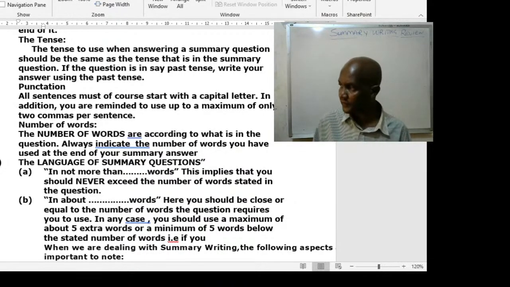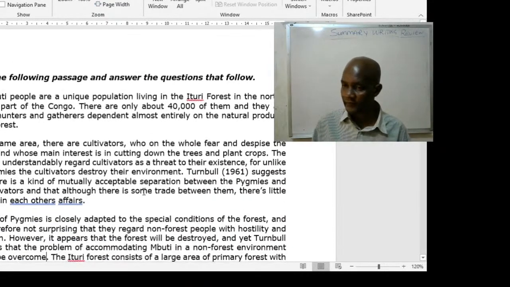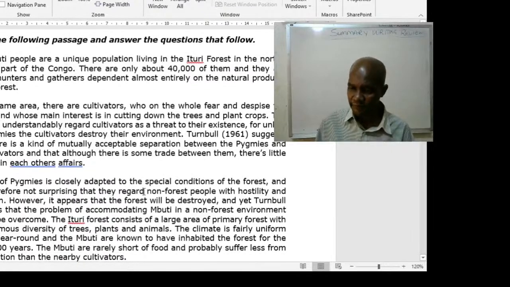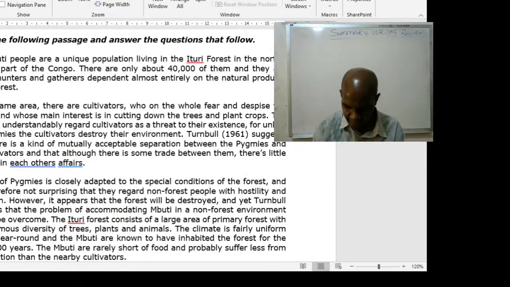They are very short, and they were commonly known to exist in forests of the Congo, what today we call the Democratic Republic of Congo. The most common forest is the Ituri forest, and this is where one of the pygmy groups exists, the Mbuti people, as they are called.